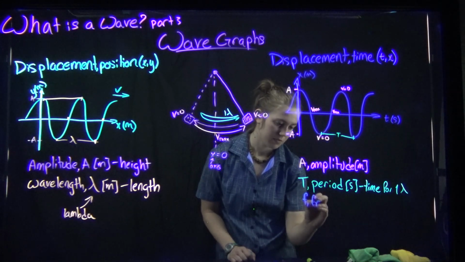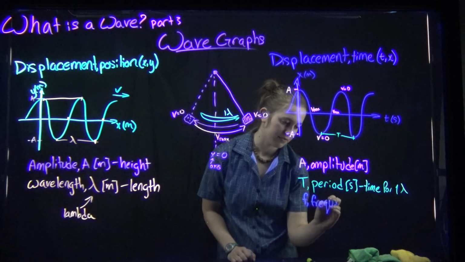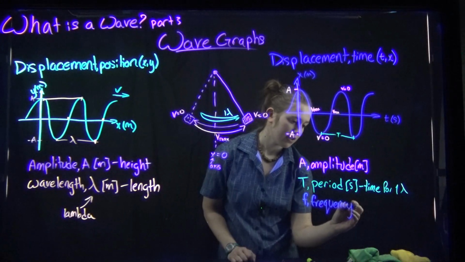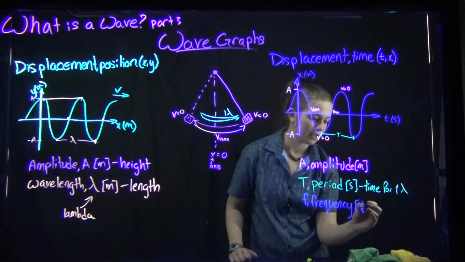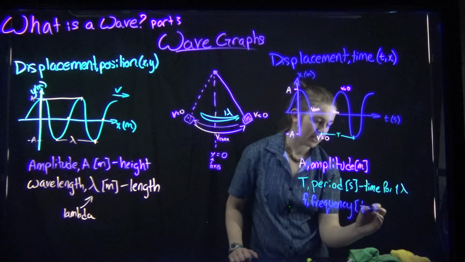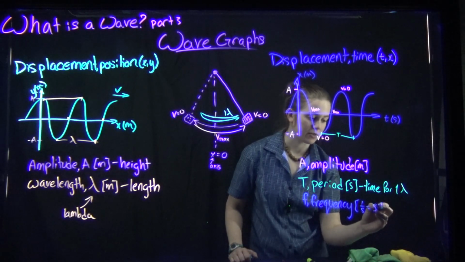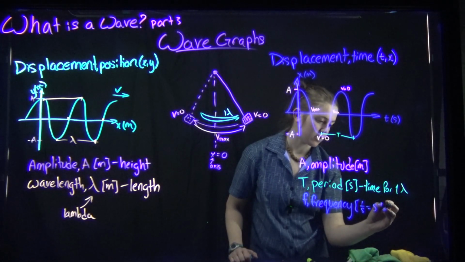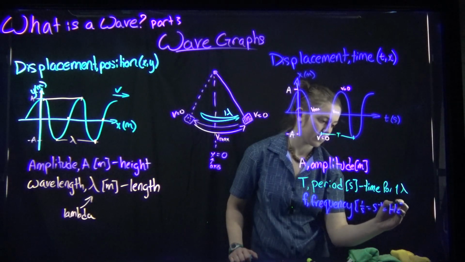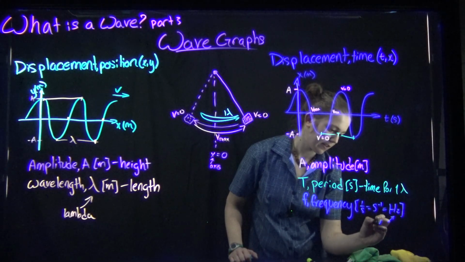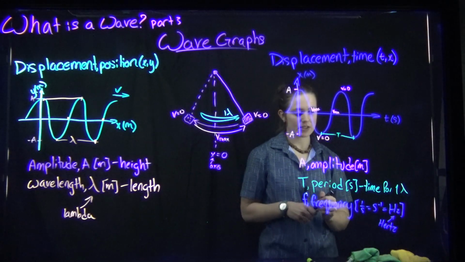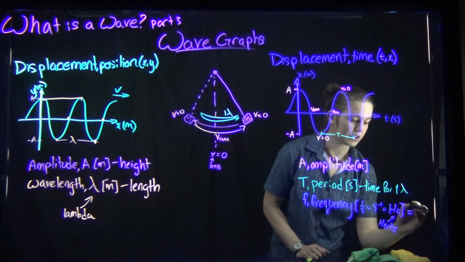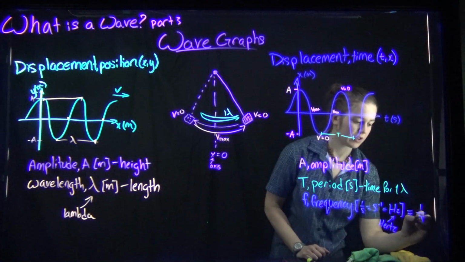We also have frequency. We just use lowercase f for frequency. It is in units of 1/seconds. Sometimes you'll see it written as seconds to the -1 or inverse seconds. It's also written as hertz. This is equal to 1 over the period.